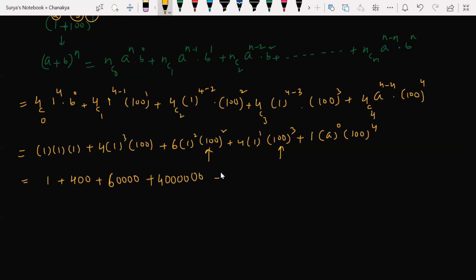Isn't it? Yes. Plus 1 into 10 to the power of 4. 10 to the power of 4 is nothing but 10 crores. So 8 zeros, 3, 4, 5, 6, 7, 8. Okay, so this is how we can write. So now add all this.